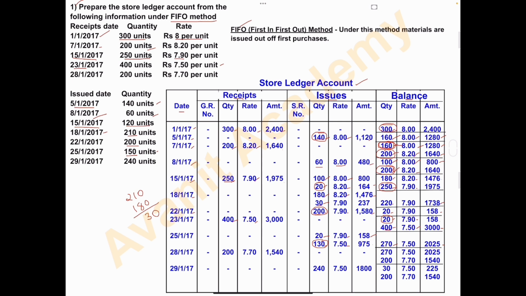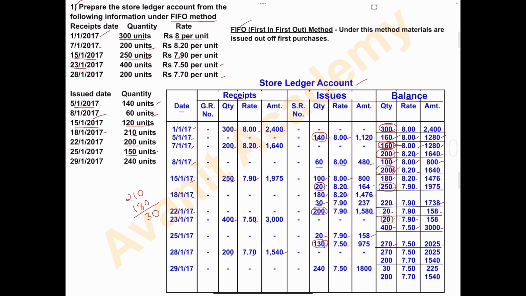On 28th January, 200 units are purchased at rupees 7.70 per unit. See the solution. 28th January, number of units purchased is 200. Write in quantity 200. Rate per unit is 7.70. 200 into 7.70 and the amount is 1540.